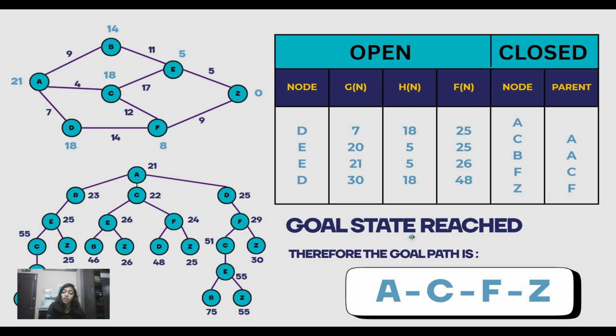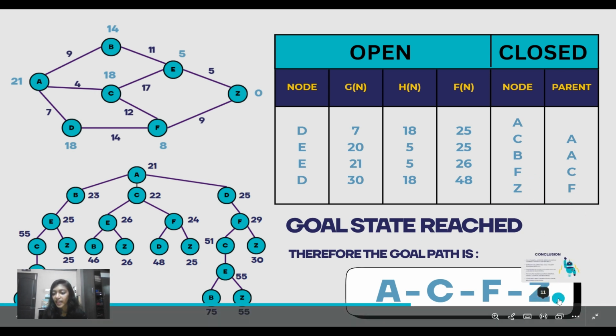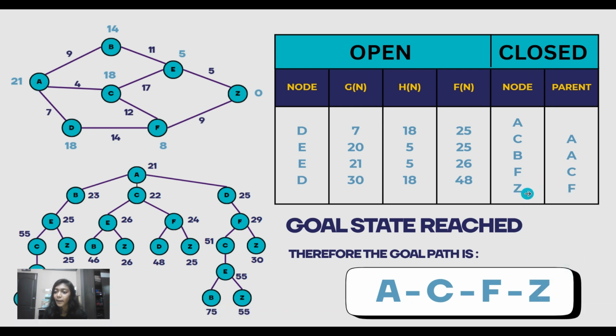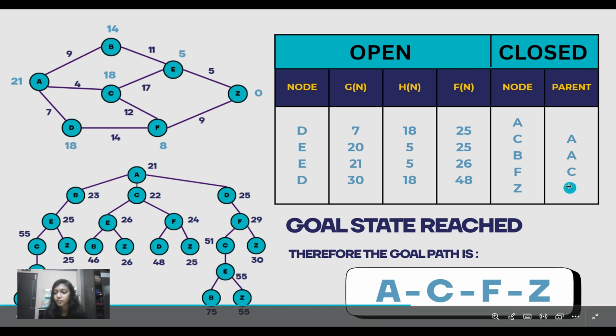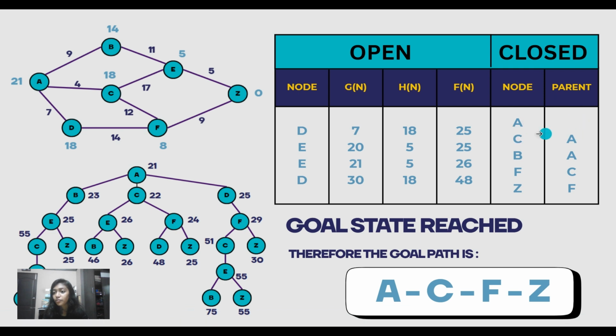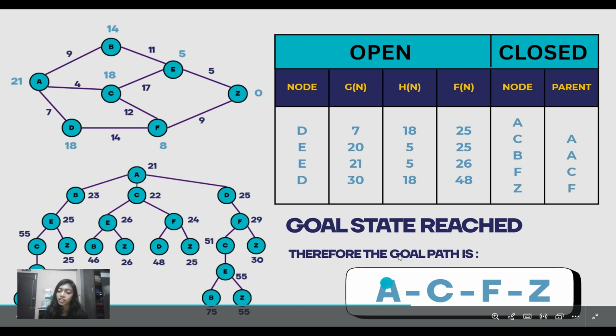So the goal path can be written like this. We know that Z is the goal, so we will write it at the end. F is the parent of Z, so we will write F here. And the parent of F is C, so we will write C here. C is the child of A, so we will write A here.